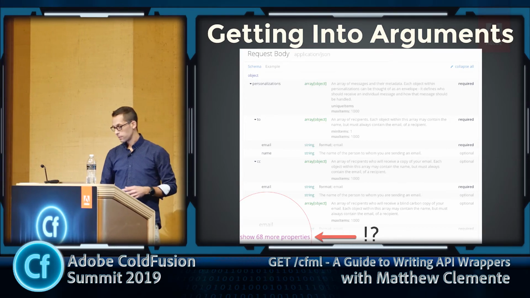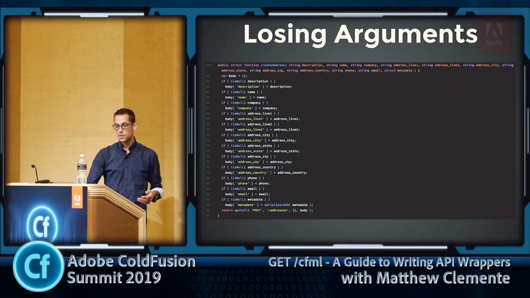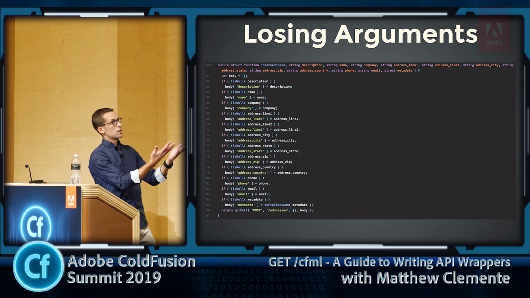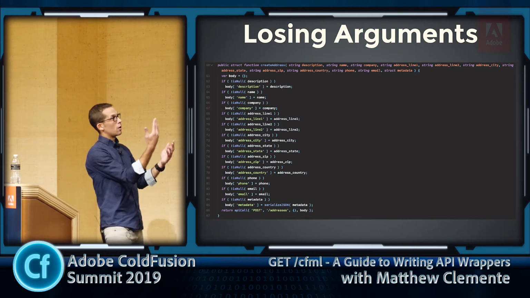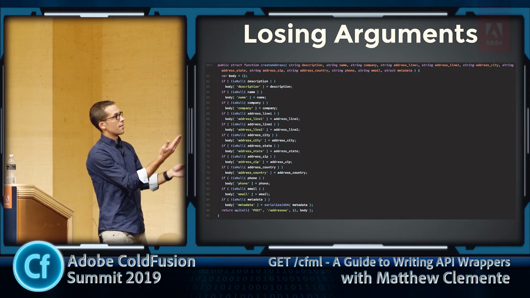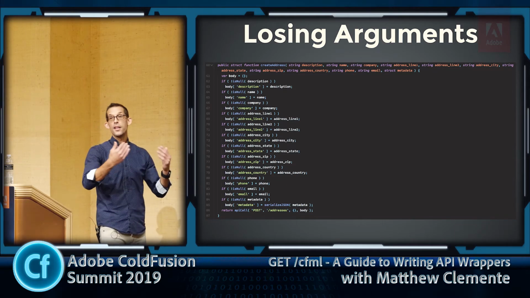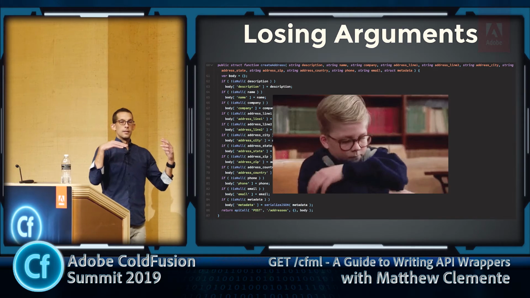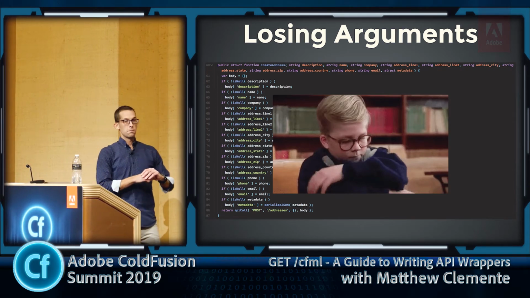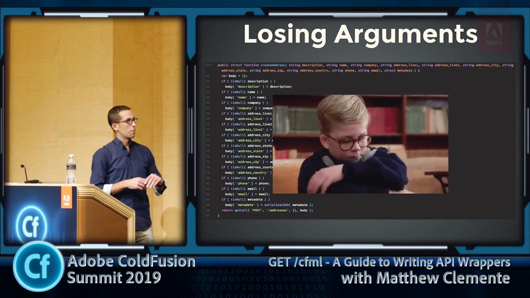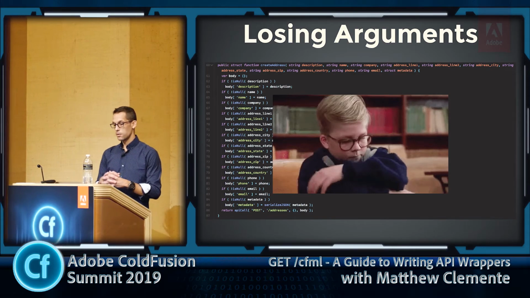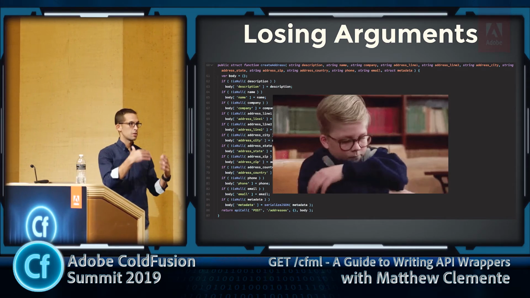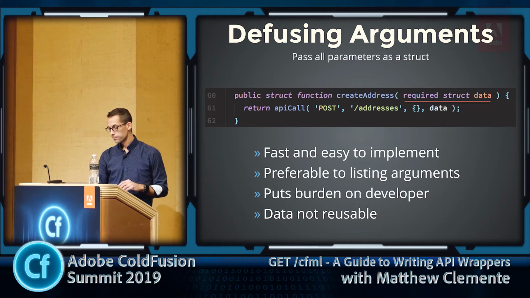so how we pass that into our methods gets a little bit complicated. If we're working with Lob, we could do this, which is to spell out all 12 of those properties and then check if each one is there and use that to make our HTTP call. But I think we can agree that that's going to make writing API wrappers miserable pretty fast, and it would probably be pretty difficult to use as well. So that's not the right approach, spelling out all 12 of those properties.